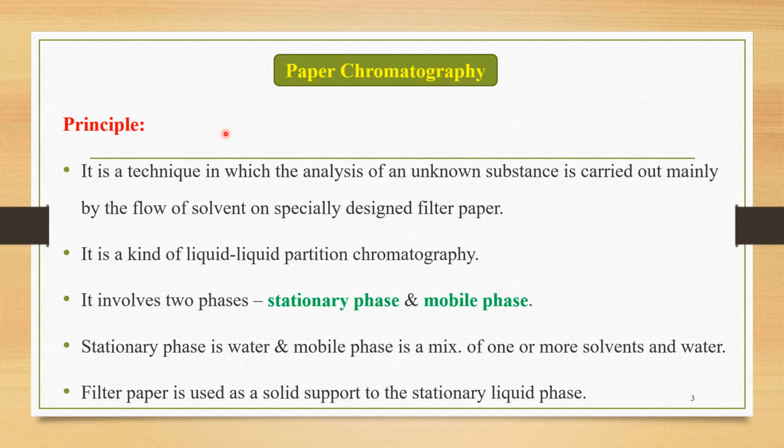Now, as far as paper chromatography is concerned, we are interested to know the principle of this particular chromatography. It is a technique in which the analysis of an unknown substance is carried out mainly by the flow of solvent on specially designed filter paper.